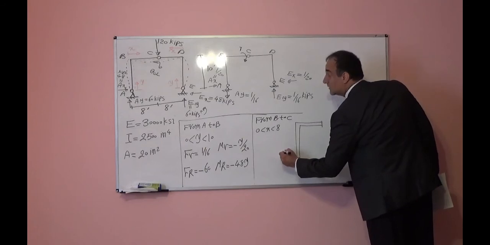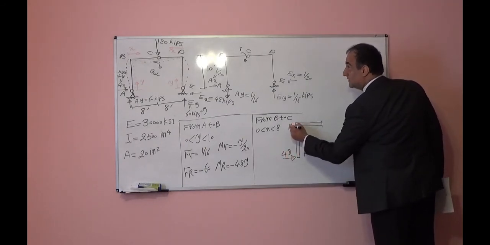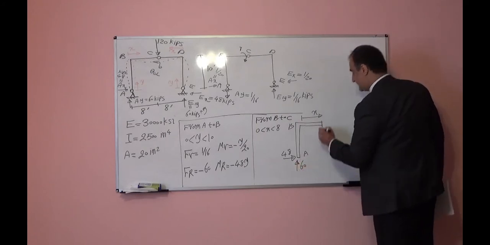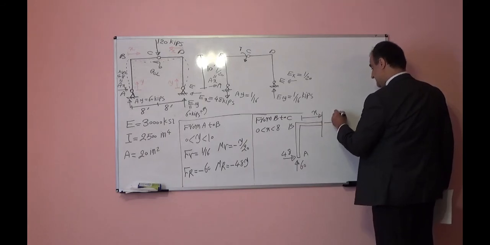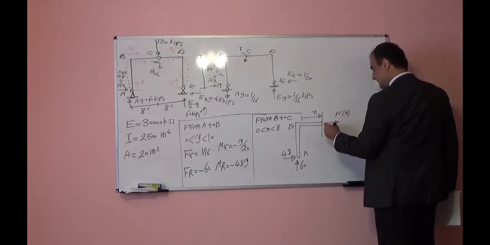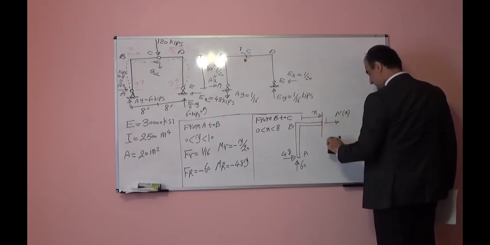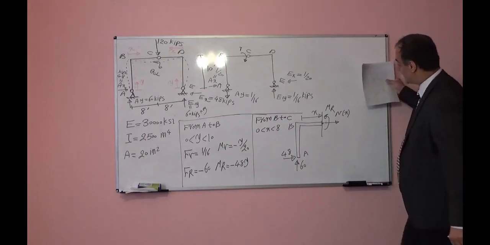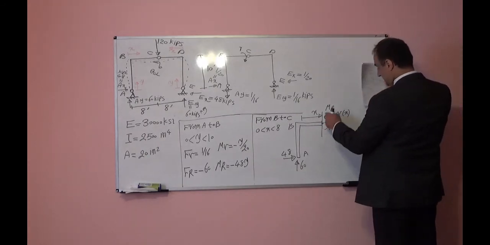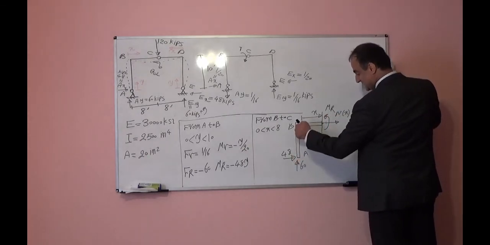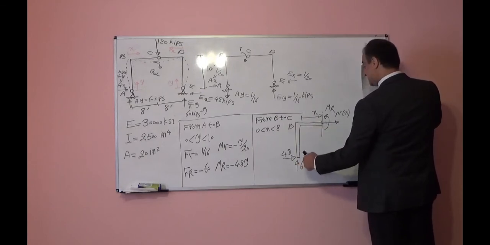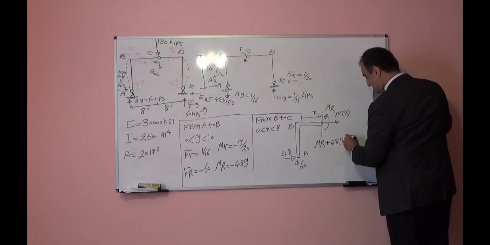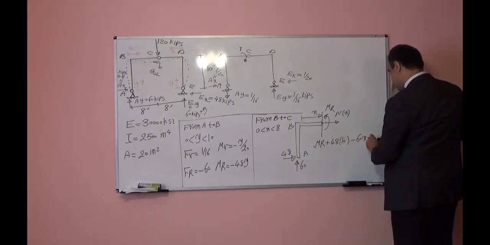So this is 48, A, B, this is X, and here I have 60, this is N or F and X, this is V, we don't need the V, and this is MR. If I take moment with respect to the cut point, I will have MR plus 48 times 10 minus 60 times X. So I will have MR counterclockwise plus 48 times 10 minus 60 times X is equal to 0.